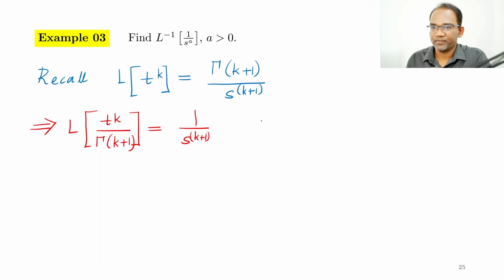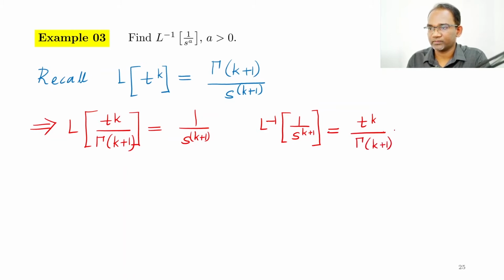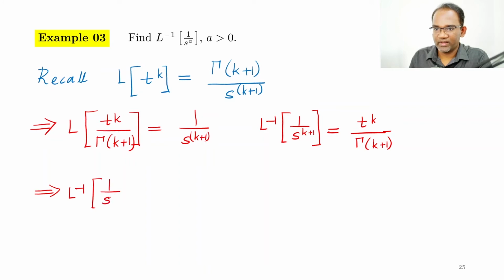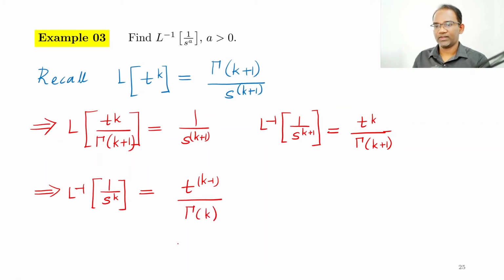And from this, L inverse of 1 over s to the power of k plus 1 is equal to t power k over gamma of k plus 1. And from this, we can write L inverse of 1 over s power k as equal to t power k minus 1 over gamma of k. This is the required result.